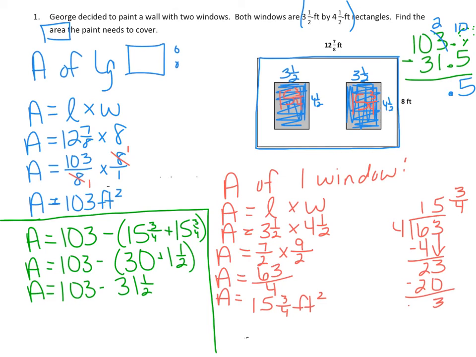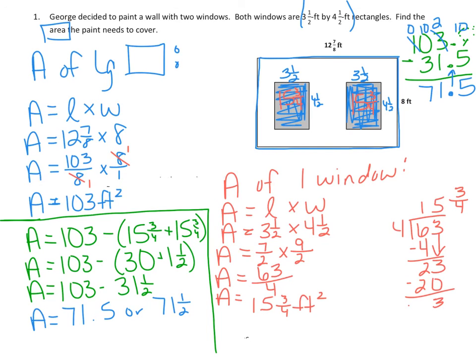Bringing down the decimal because they should line up in addition and subtraction. 2 minus 1 is 1. Now 0 minus 3 I can't do, so I'm going to borrow a 10 again. 10 minus 3 is 7. So 71 5/10. So my area is equal to 71 5/10, or I could even say 71 1/2.